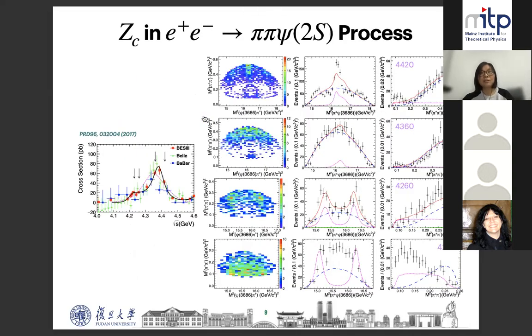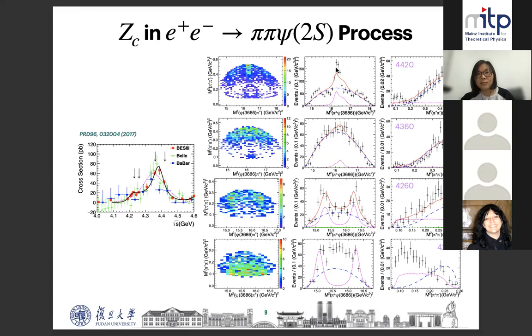As for the final state of pi pi psi(2S), the situation seems to be much more complicated. Here we show the cross-section measurement of pi pi psi(2S) as a function of the center-of-mass energy. Using the data samples indicated with the black arrows, where we have relatively large statistics, the intermediate states of the pi pi psi(2S) system have been investigated for different center-of-mass energies.